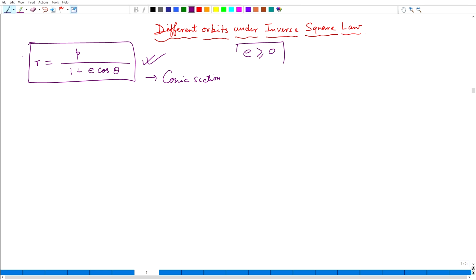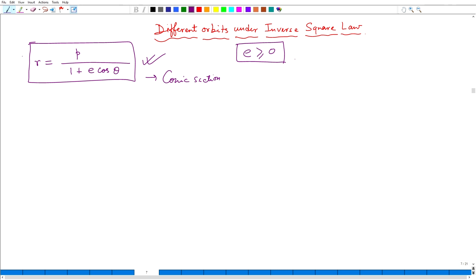Okay. That is following the definition of a conic section here, because the eccentricity should always be at least positive or 0. Okay. It cannot be negative.